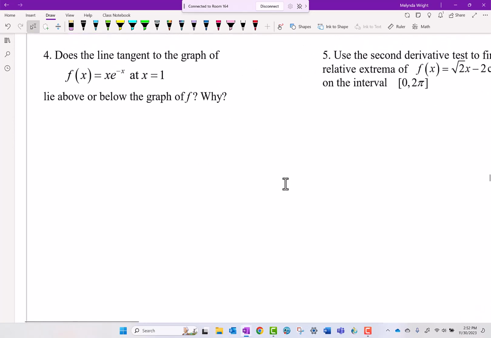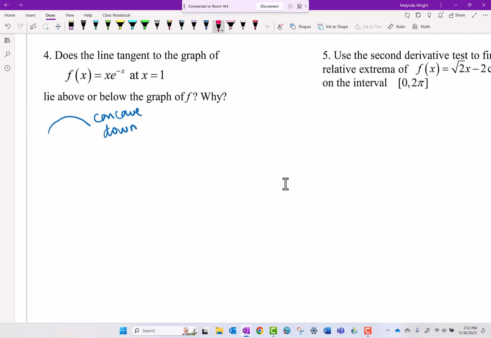All right, number 4. Does the line tangent to the graph of, and they give us some equation at 1, lie above or below the graph y? Okay, so let's investigate that. So here, let's think about being concave down. Okay, so this is concave down.